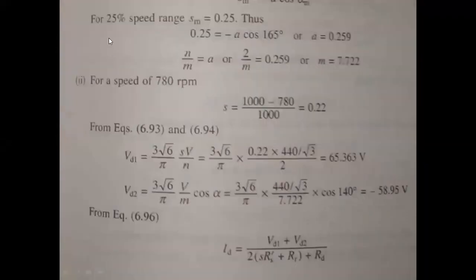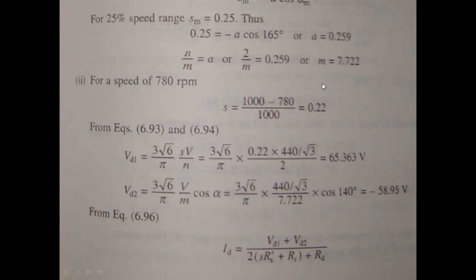So at 25% speed range, the maximum slip is equal to 0.25. So from the formula Sm is equal to minus A cos alpha, we substitute the value. You will get A is equal to 0.259.